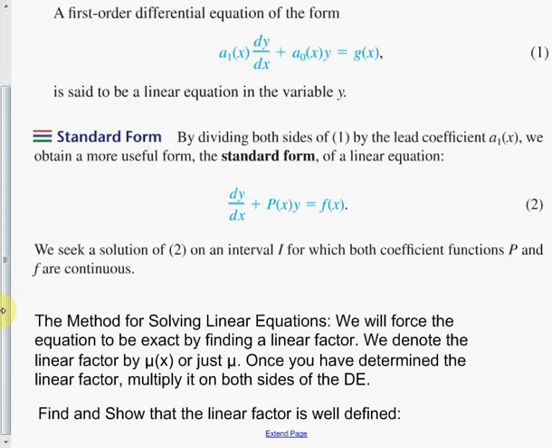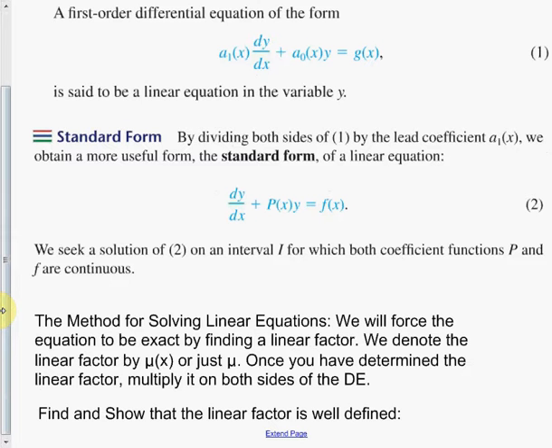The method of solving linear equations, and you saw this in that previous example, is that we will force the equation to be exact by finding a linear factor. Here this linear factor is indeed the integrating factor. We denote this linear integrating factor by mu, or mu of x, or just mu. Once you have determined this integrating factor, multiply it on both sides of the differential equation.